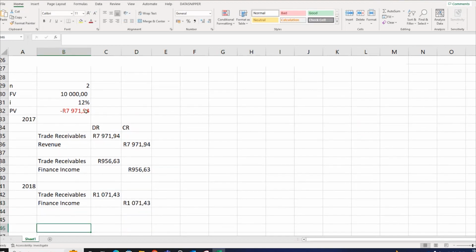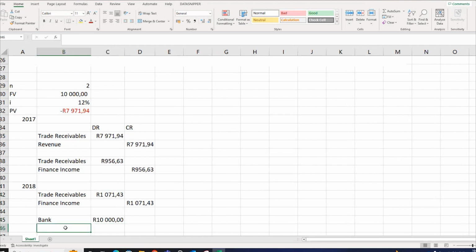So then we get to the end of the year, 31 December 2018, and we have to then recognize the actual payment. So that will be bank. We know that the customer gives us 10,000 Rand. And then we de-recognize the trade receivable, because now we've received our payment in full.